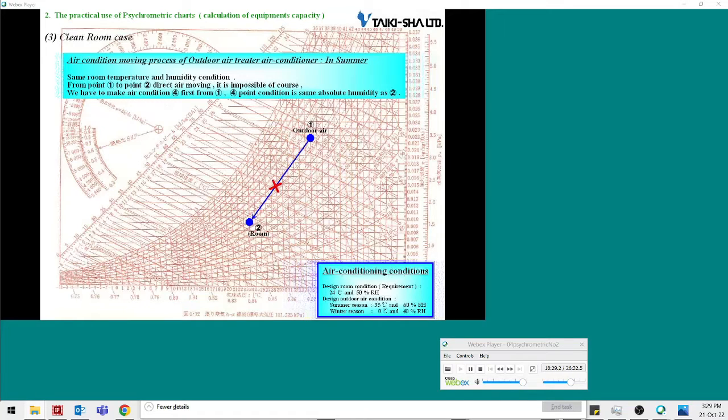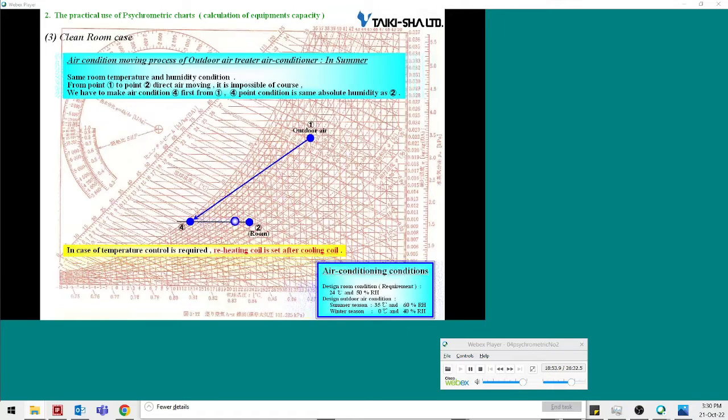But if cooling coils are used, they cannot directly change the room temperature and humidity. Instead, the air with its dew point temperature equal to that of the room temperature must be ventilated so that no humidity loads up in the room.